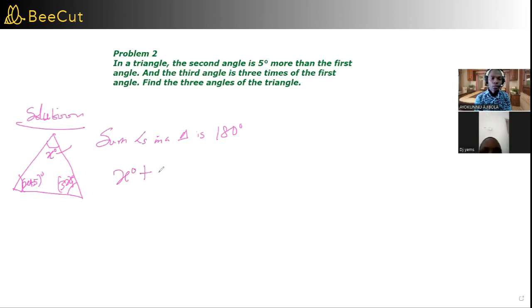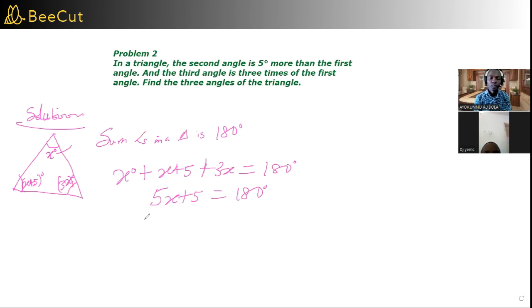And the second angle is x plus 5, while the third angle is 3x. If I add these 3 together, I'll get 180 degrees. So x plus x is 2x, 2x plus 3x is 5x, and so I have 5x plus 5 equal to 180 degrees. Then I have to find my x.